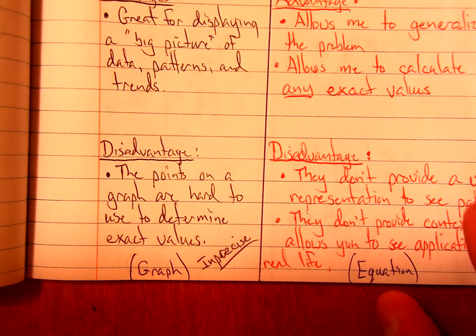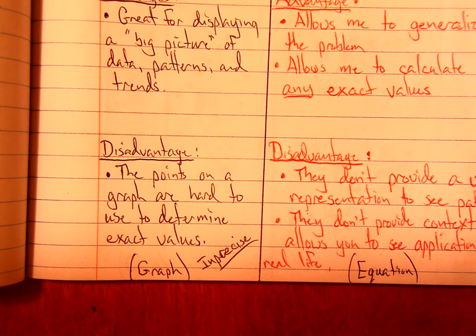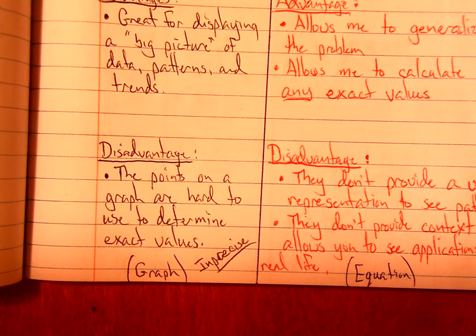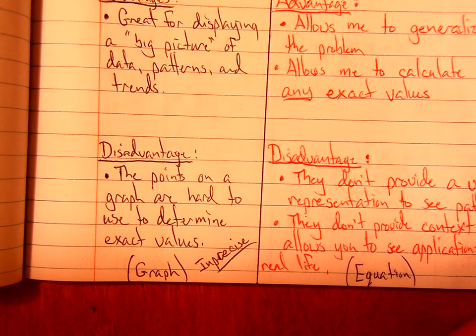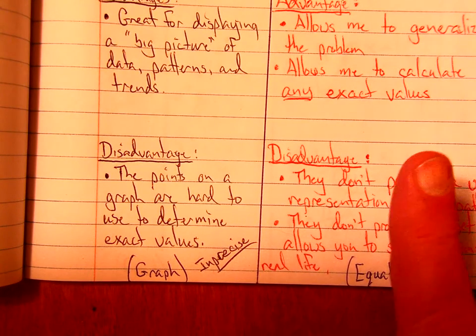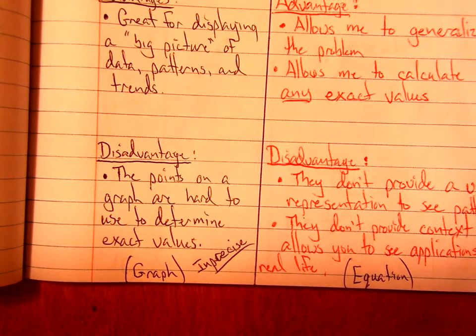They don't provide a visual representation to see patterns, and they don't provide context that allows you to see applications in real life, but they're great for generating exact values. If you can put a sentence into an equation, then you can get everything else you need. Or if you can take an equation and make up a word problem for it, that's also challenging. You can find exact values with that.